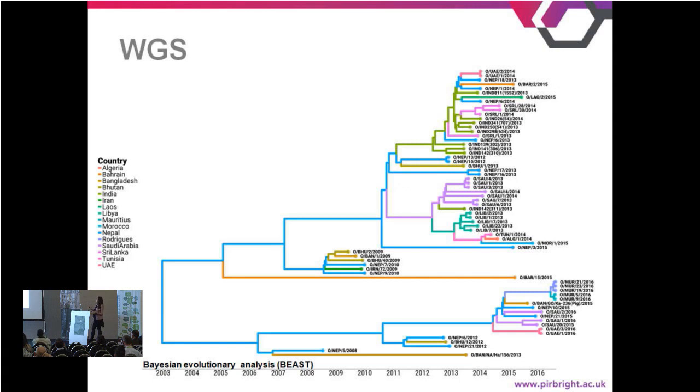Here we can see outbreaks in UAE, Bahrain, Laos, a number of outbreaks in Sri Lanka, then further outbreaks in Saudi Arabia, and indeed the outbreaks in North Africa, which Julia is going to talk about in detail later on. But we can see evidence of the introduction of the virus in 2013, and then the movement of the virus to Tunisia, Algeria, and finally to Morocco in 2015.